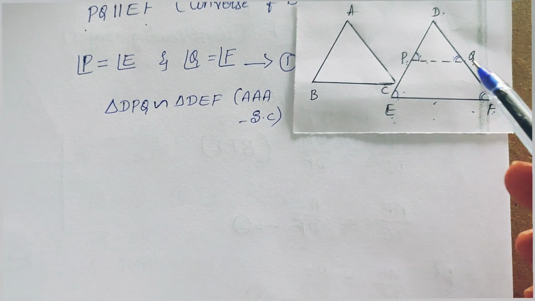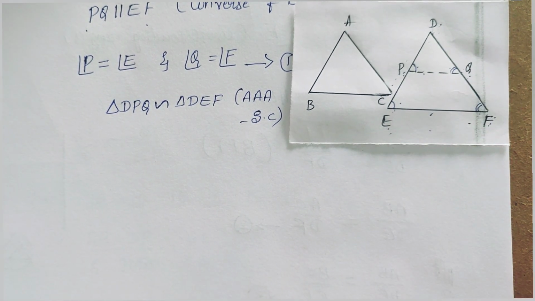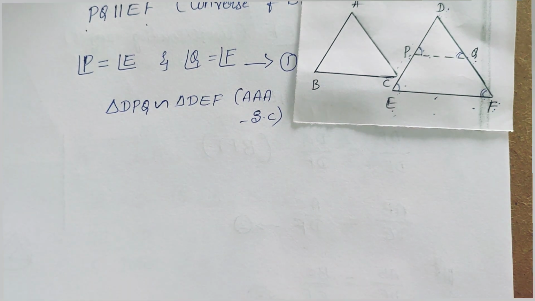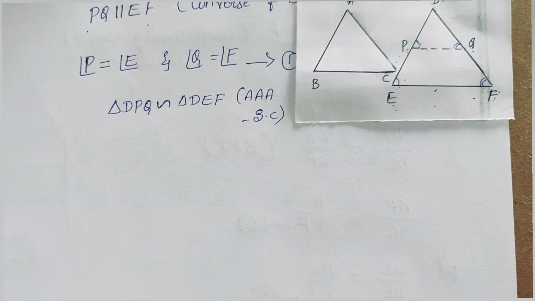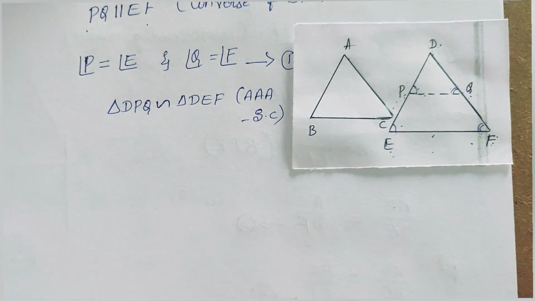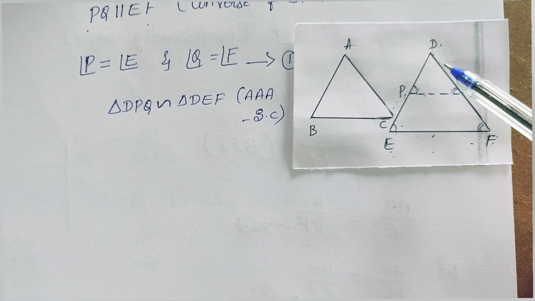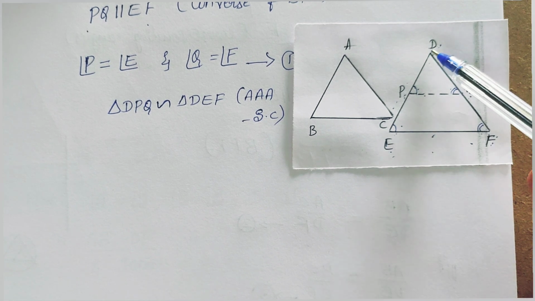If these two triangles, DPQ and DEF, are similar, we can use the definition of similarity: if two triangles are similar, their corresponding sides are in the same ratio. DPQ is one triangle, DEF is another.